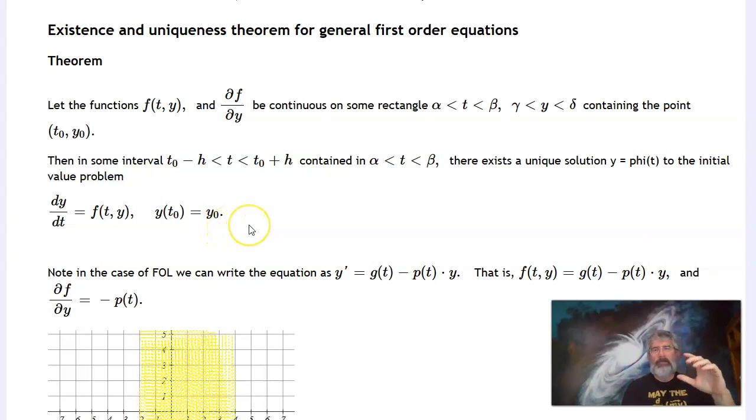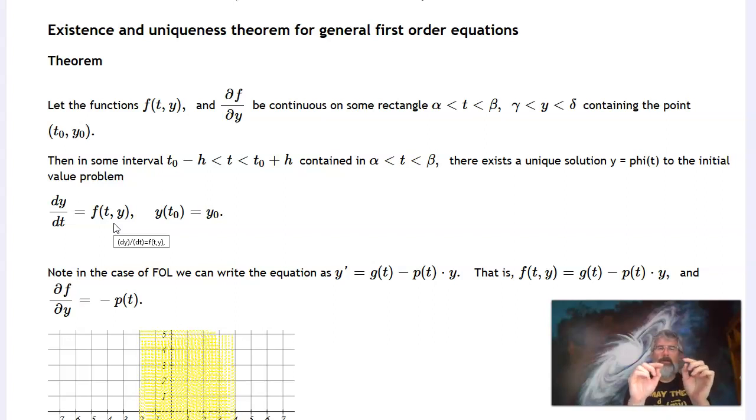So let me rephrase this or state it again. You're looking at just a general first order differential equation with an initial condition. We're saying my initial condition's here. I've got a rectangle around it where I know this function f is continuous and I know its partial with respect to y is continuous. Then I know that there is a solution that passes through my initial condition.